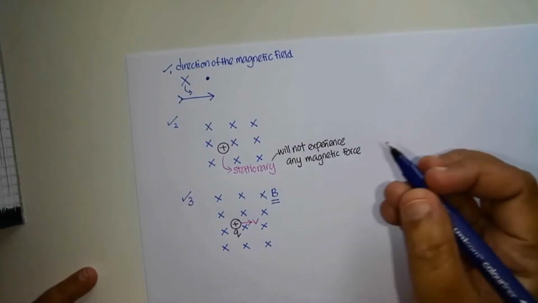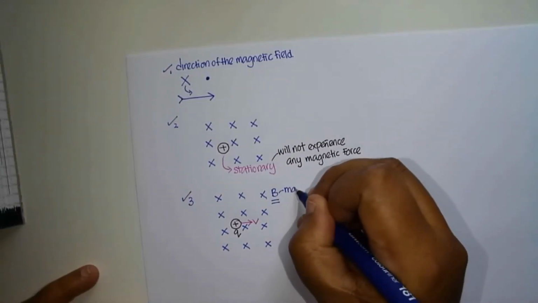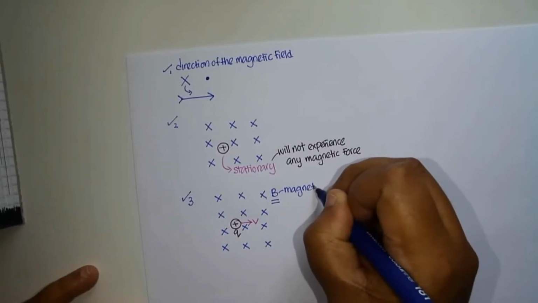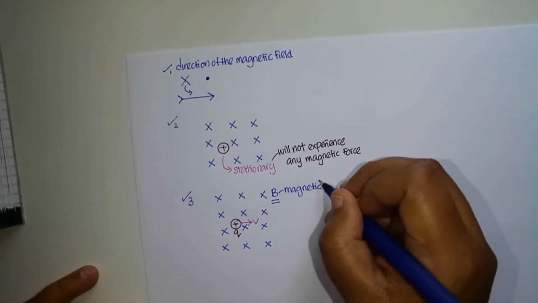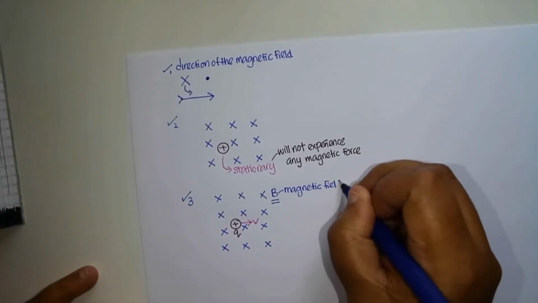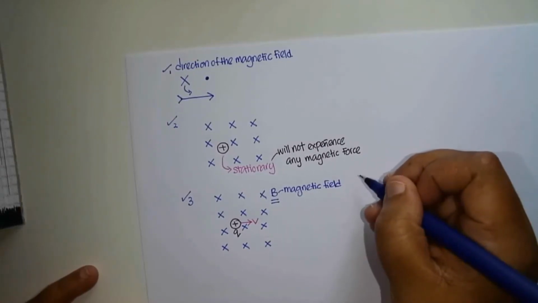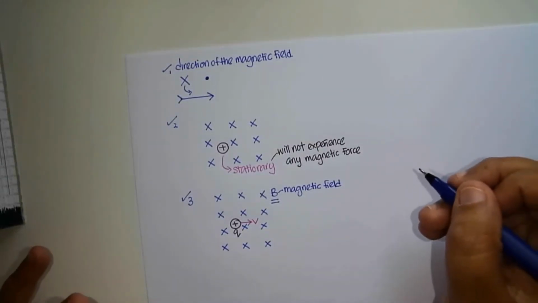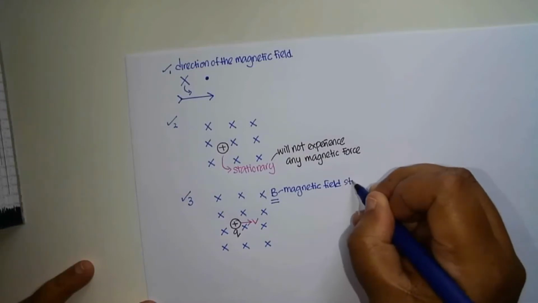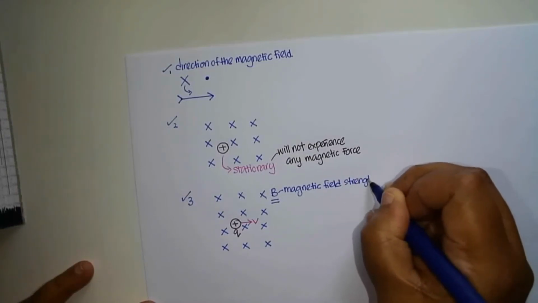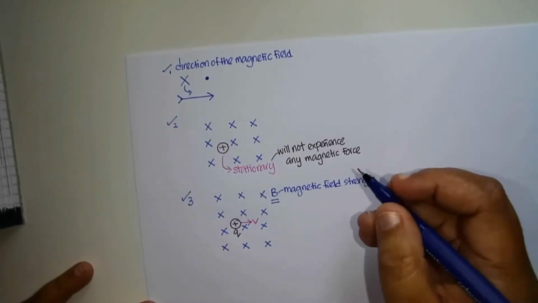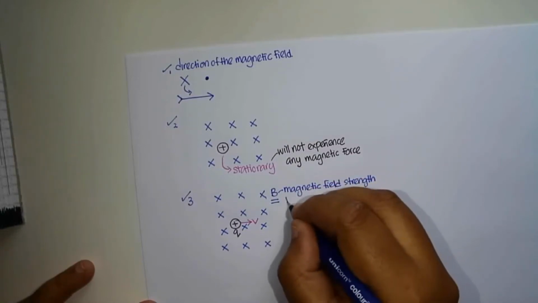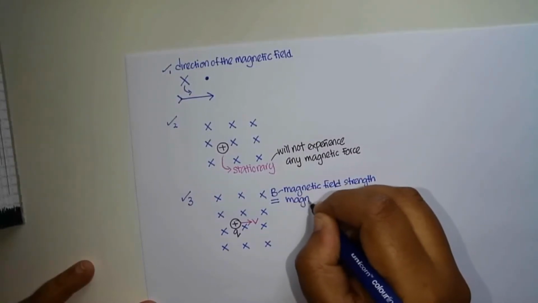B is called magnetic field strength, or it is called magnetic flux density.